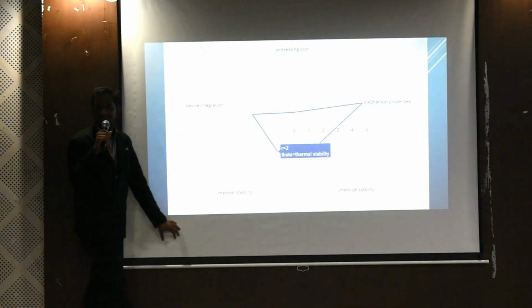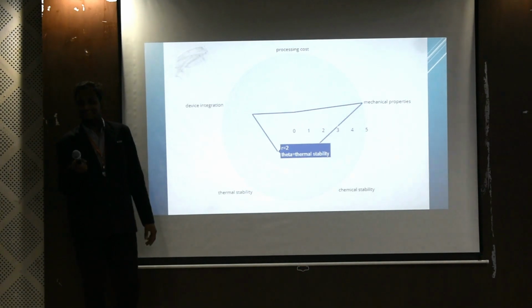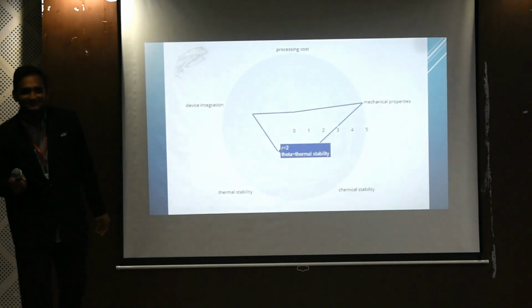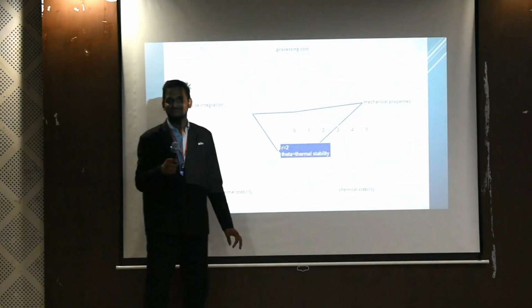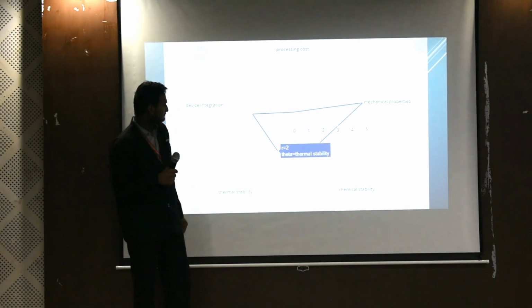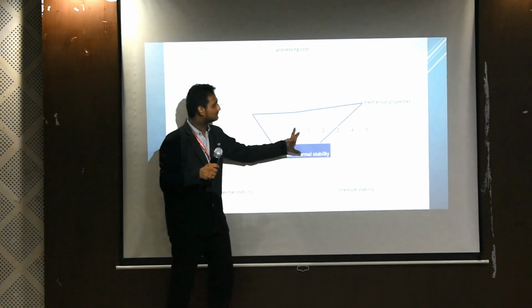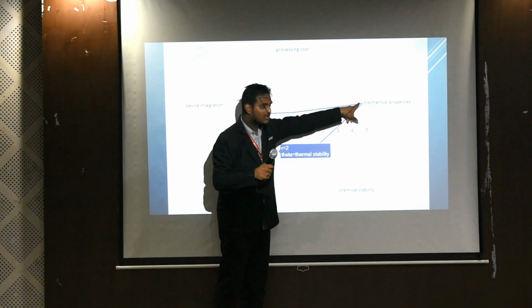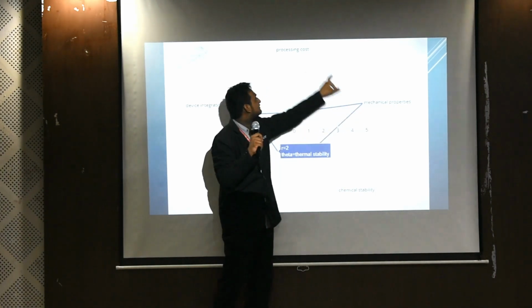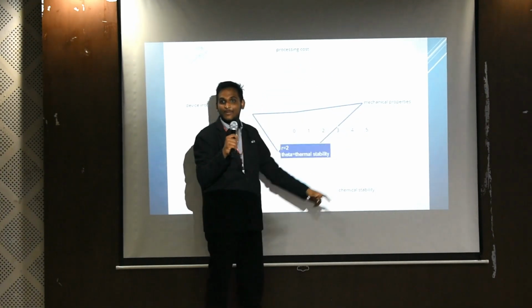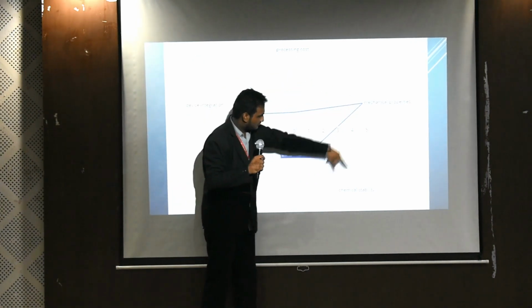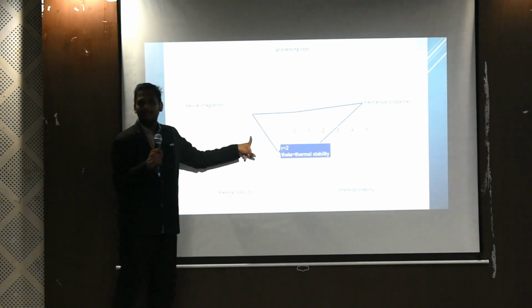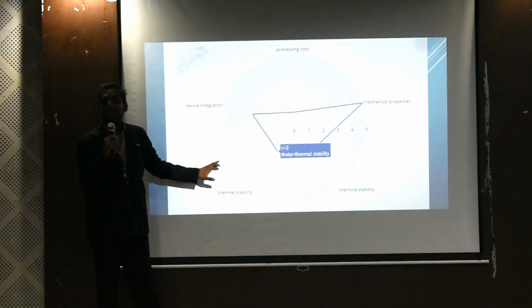Understood? You can take anyone. I am telling 1, 2, 3. You can take from 1, 2, 3. But the value will be the same, no?